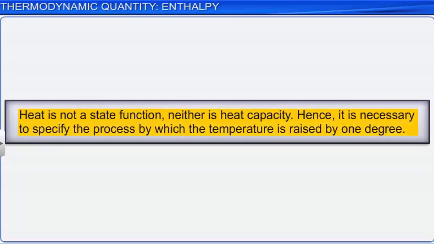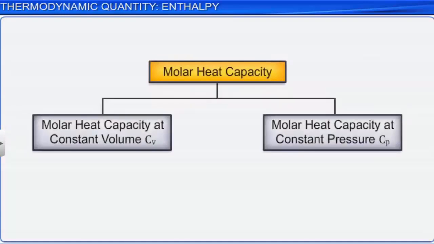The two important types of molar capacities are molar heat capacity at constant volume and molar heat capacity at constant pressure. Let us see the relation between molar heat capacity at constant volume, denoted by Cv, and molar heat capacity at constant pressure, denoted by Cp.